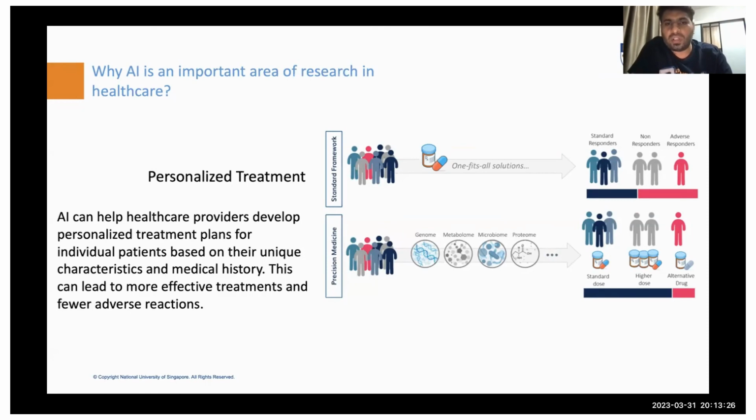Can AI contribute by understanding the patient's history? That is one area the health sector is looking at through AI or machine learning algorithms. Can a personalized treatment be given to patients?